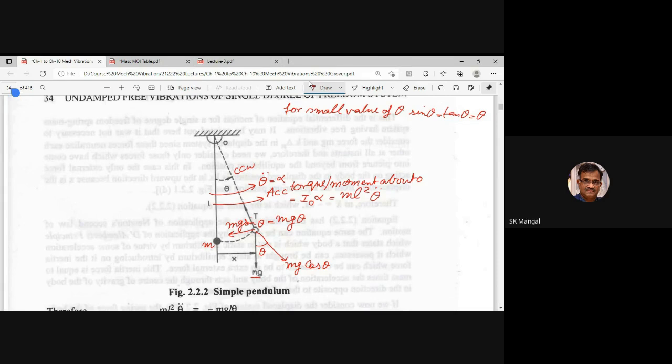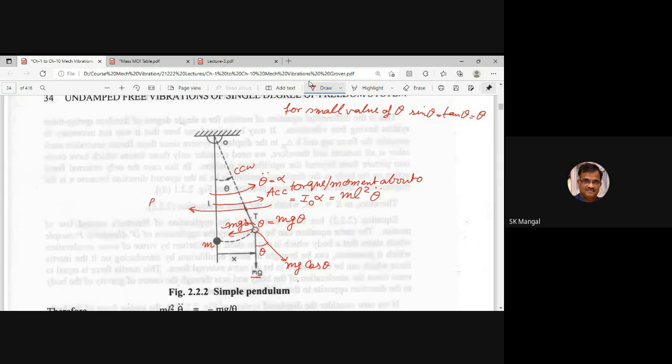Now here, this mg sin theta is basically the restoring force, and because of that, the pendulum will come to its equilibrium condition. We'll try to come to this point here. So again, the torque or the moment of this force about this O is given as a restoring torque.